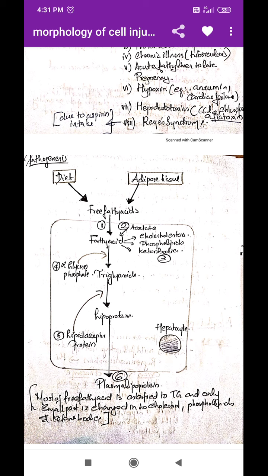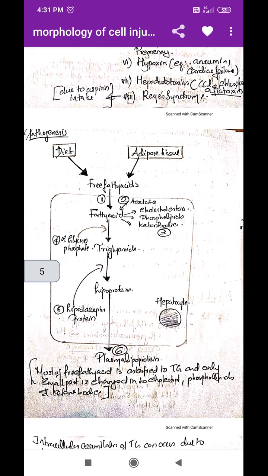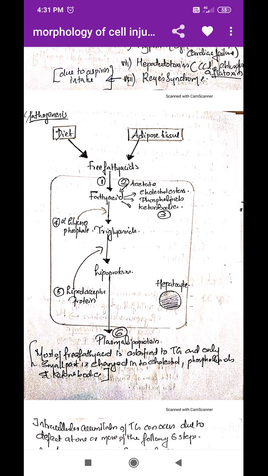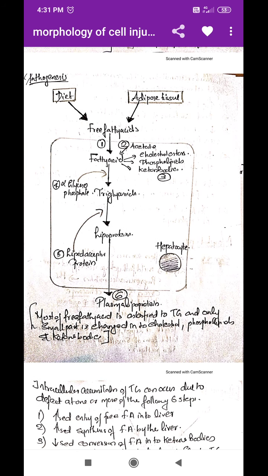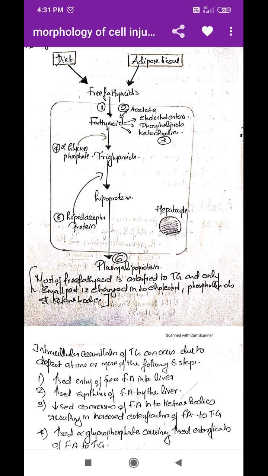Most of these free fatty acids are converted into triglycerides with the help of the enzyme alpha glycerophosphate. The triglyceride is then converted into lipoprotein and then into plasma lipoprotein. Also, fatty acid can be converted into cholesterol esters, phospholipids and ketone bodies for normal body function.